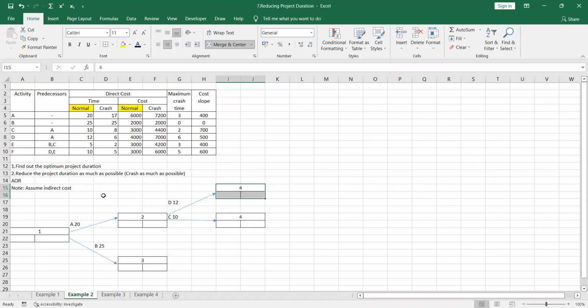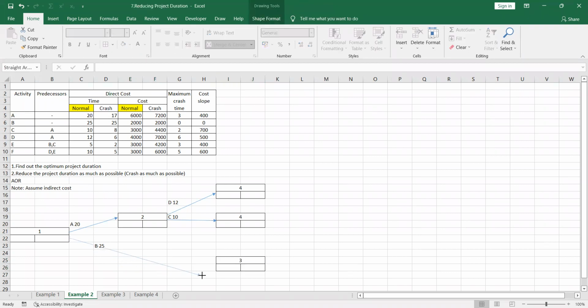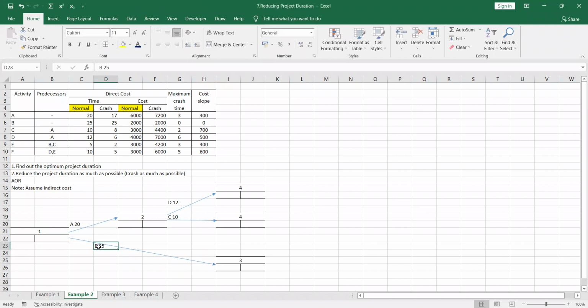So for the E activity, B and C are the predecessors. So it is better to take B and C together.